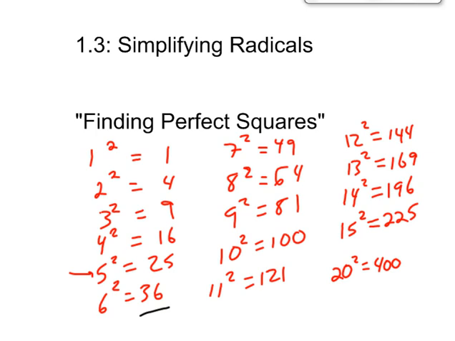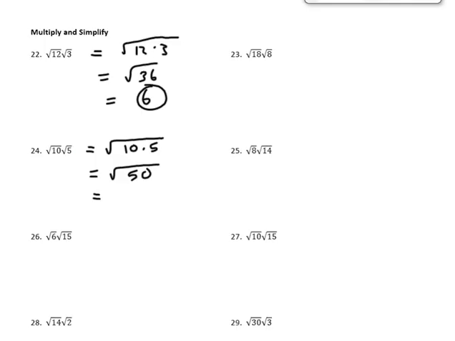Well, 6 squared is 36. 50 divided by 36 is not nice. 5 squared is 25. 50 divided by 25, oh, that works. This is going to be 25 times 2. 25 times 2 is 50. And so the square root of 25 is 5. And the square root of 2 is not a nice number. So I end up there. Again, if you know your perfect squares, that's the fastest way to do this type of problem.